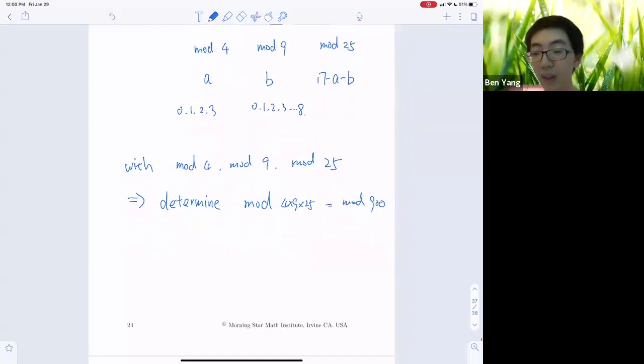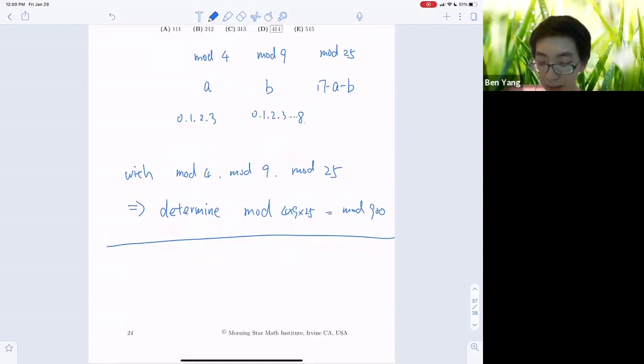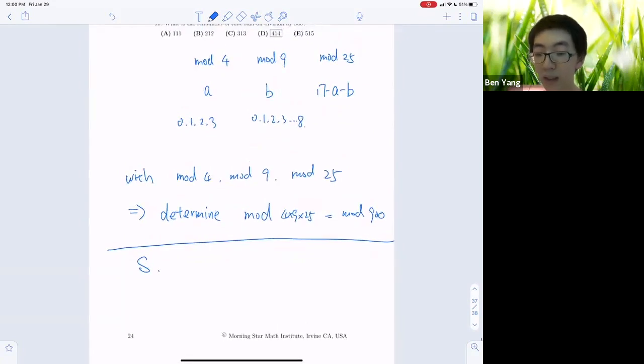So we're going to do it in 3 steps. First of all, let's denote the sum by S. We want to find the remainder of S on division by 4. So S mod 4.